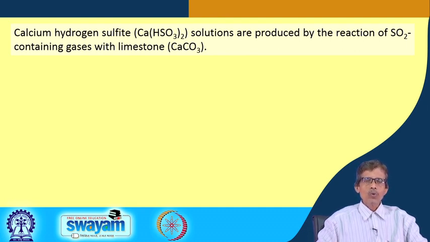So, the limestone in the same fashion can directly react with the in situ produced sulfurous acid, that means H2SO3. So, the reaction of H2SO3 with calcium carbonate will give you calcium hydrogen sulfite. So, this is an example of another typical hydrogen sulfite salt, where we use simple limestone. So, definitely it should be of very pure quality if we are able to use it as a food material.